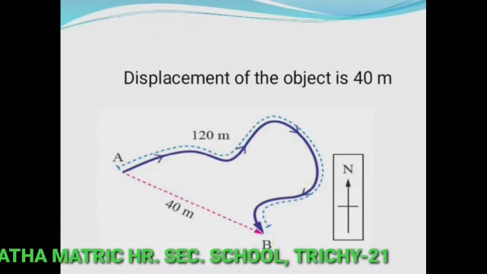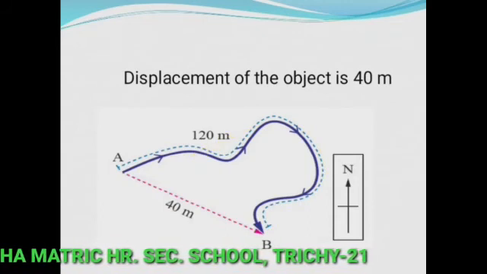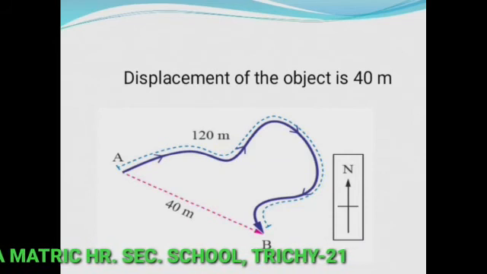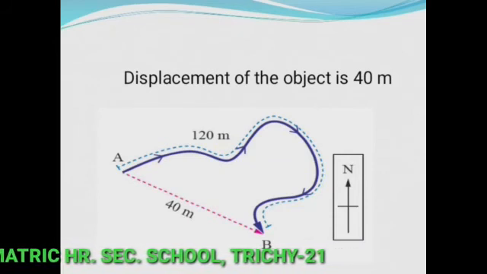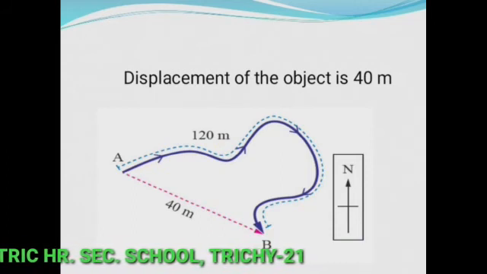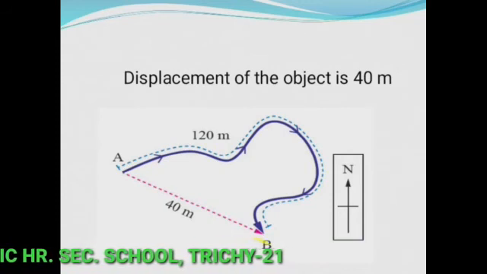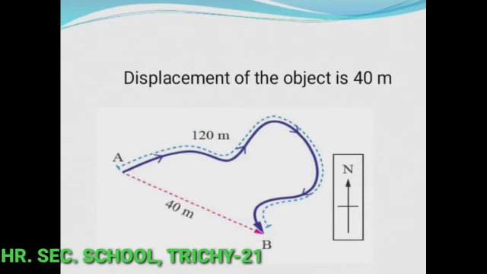And from B to A, it is negative. So here from A to B positive, from B to A negative.